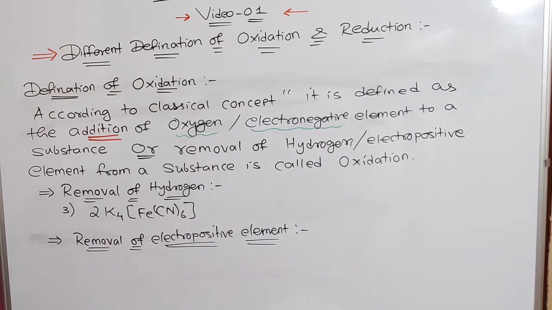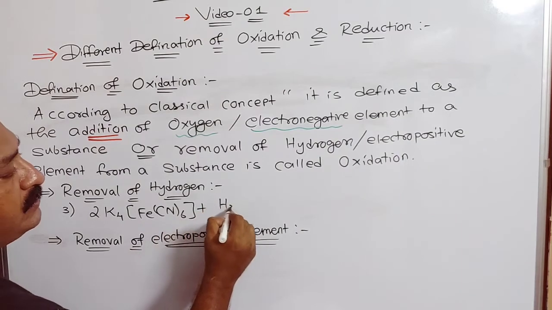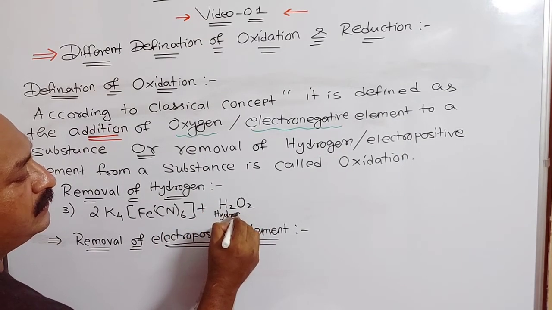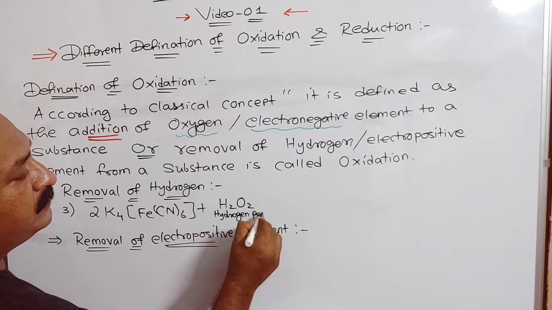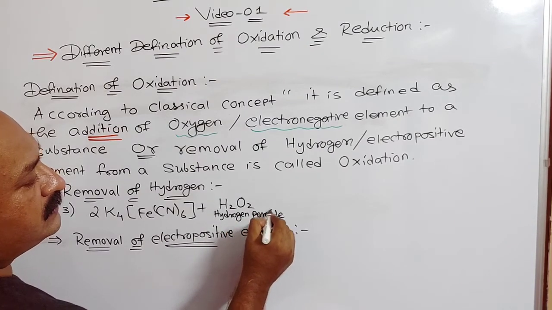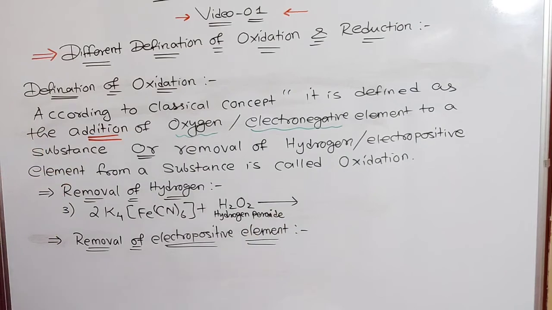When it is being treated with hydrogen peroxide, clear? When K4FeCN6, potassium ferrocyanide, is treated with hydrogen peroxide, what you will get?